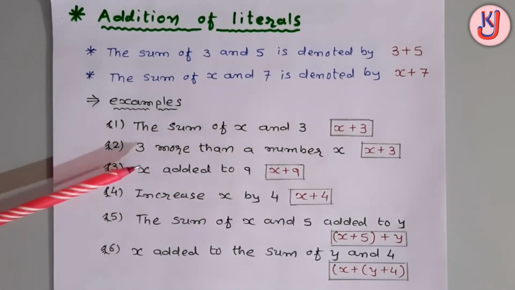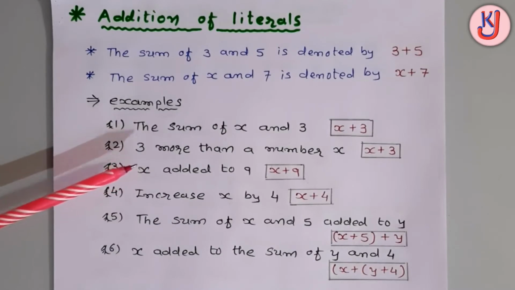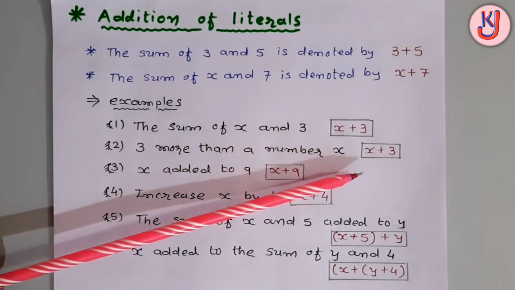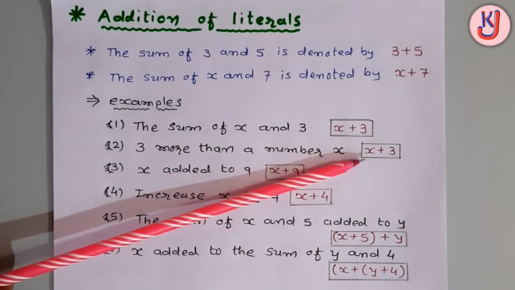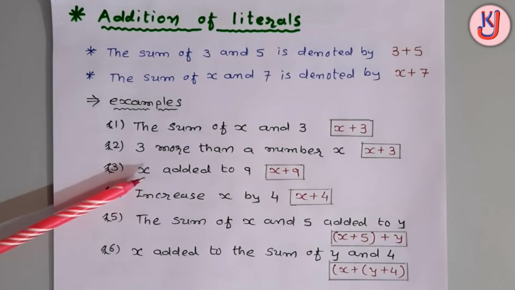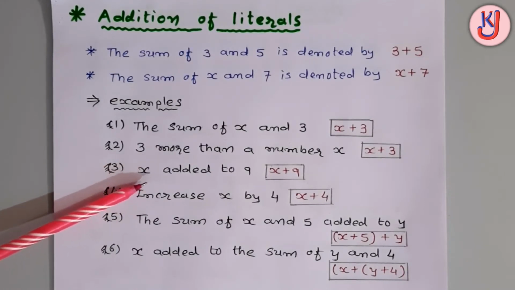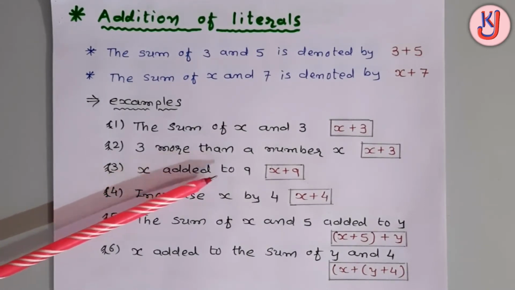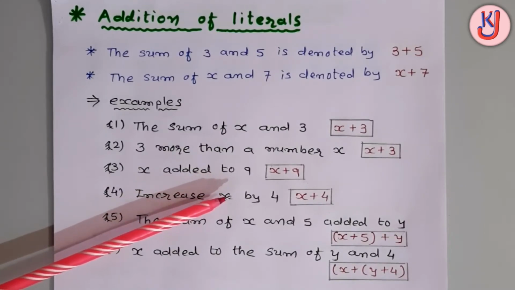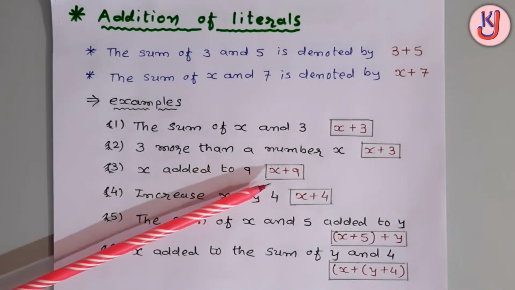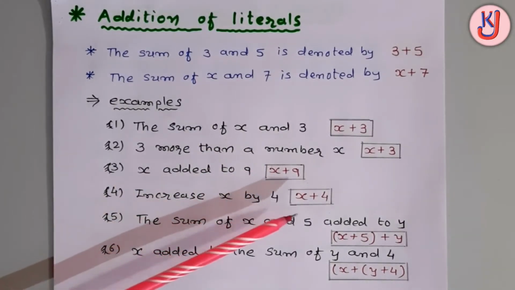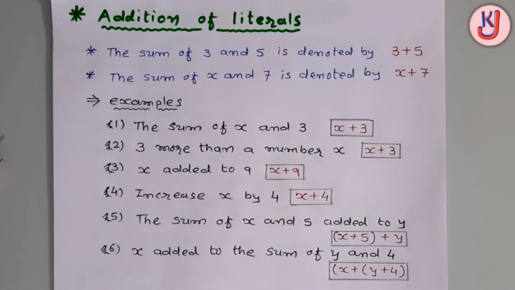And if the statement is like this, 3 more than a number x, then we can write x plus 3. Now, if the statement is written like this, x added to 9, we have to convert into literals like this, x plus 9. Increase x by 4, it means x plus 4.